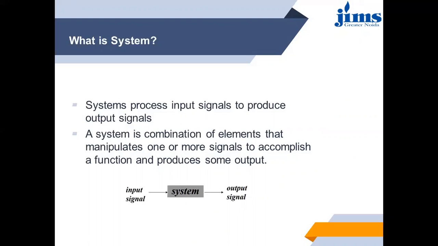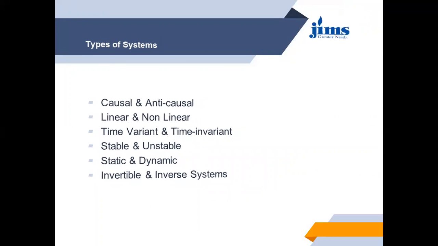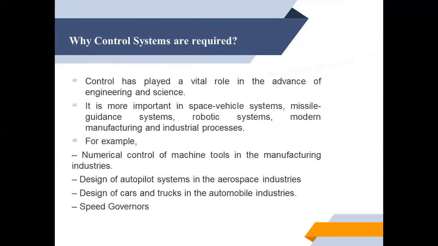So if we give any input signal to a system, the output signal will be received from the system. We have studied various types of systems: causal, anti-causal, linear, non-linear, time variant, invariant, stable, unstable, static, dynamic, invertible and inverse system.